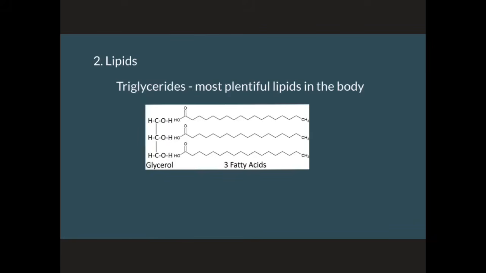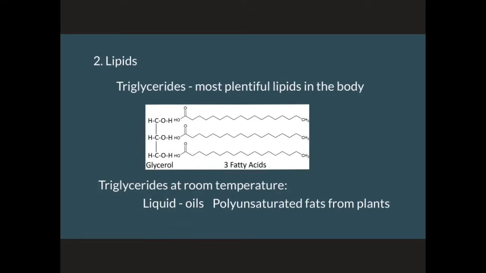Triglycerides at room temperature are called oils when they are liquid. These are often polyunsaturated fats from plants. When they are solid, they are referred to as fat. These are saturated fats from animals. Again, remember what the difference is between saturated versus unsaturated.